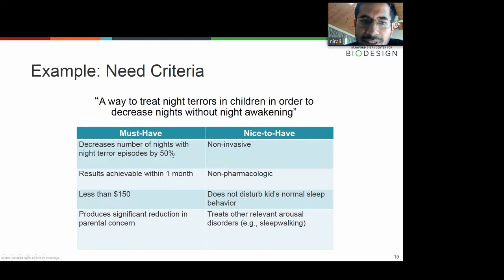If you developed a product, a technology that does this, but it only reduced the number of nights with night terror episodes by 45%, not 50%, is that a successful product? Well, it is a successful product at 45%, but according to your own need criteria, you did not meet your criteria.